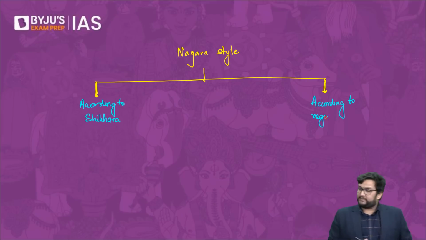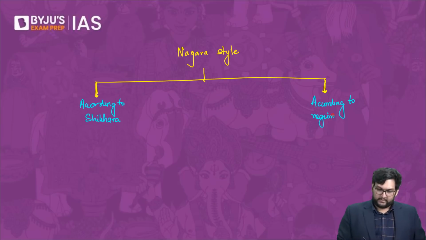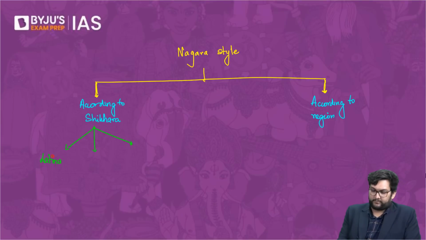And Nagara thereafter, in this, can be divided into three: Latina, which is also called Rekhadyul, you have Famsana, and you have Walabi.